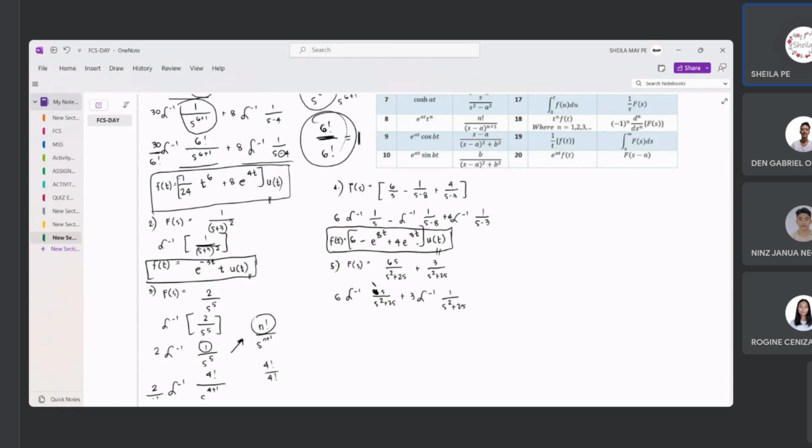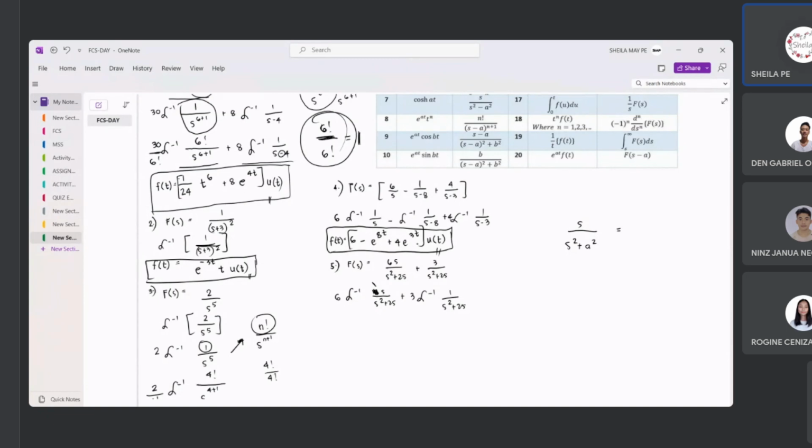Okay, looking at here, we have the form s over s squared plus a squared. Okay, we have 25, which can be broken down into 5 squared. The square root of 25 is 5.